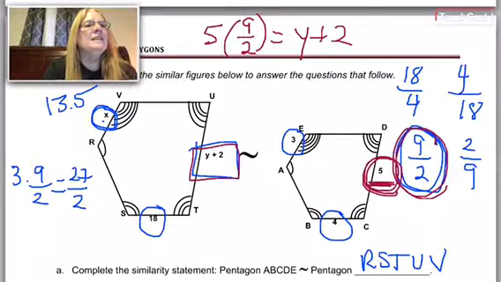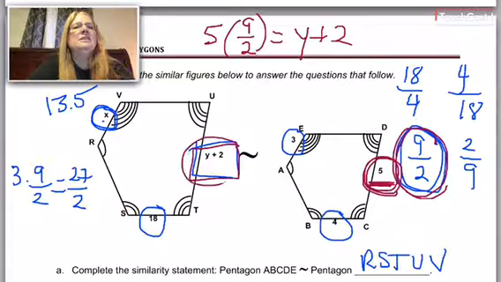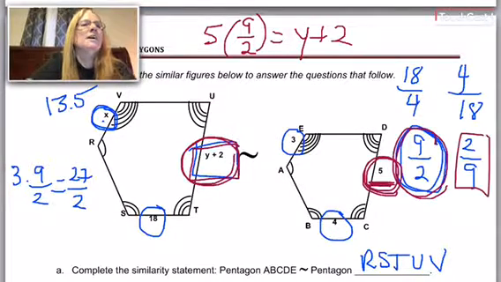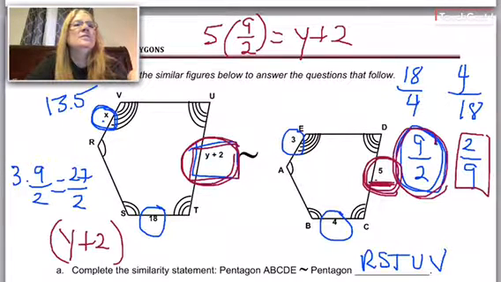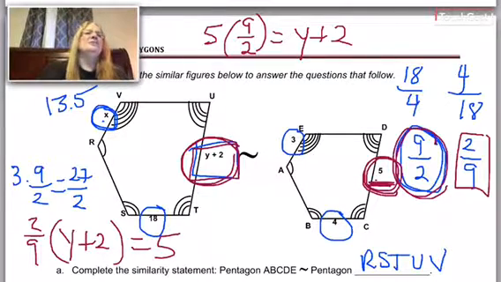Some might find it easier on this one to go in the opposite direction. I know if I take this one and multiply by 2 over 9, I can get 5. So I could also say y plus 2 times 2 over 9 is going to be equal to 5. So those will both work.